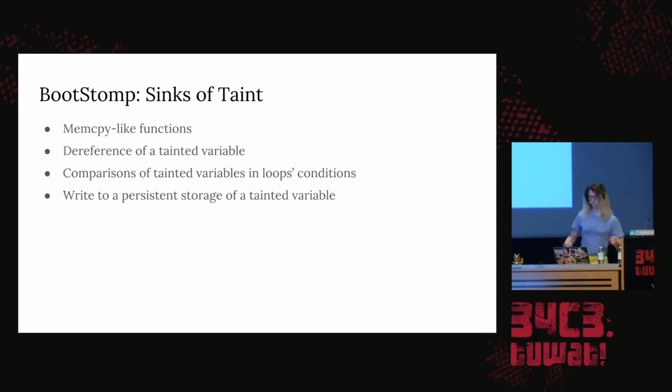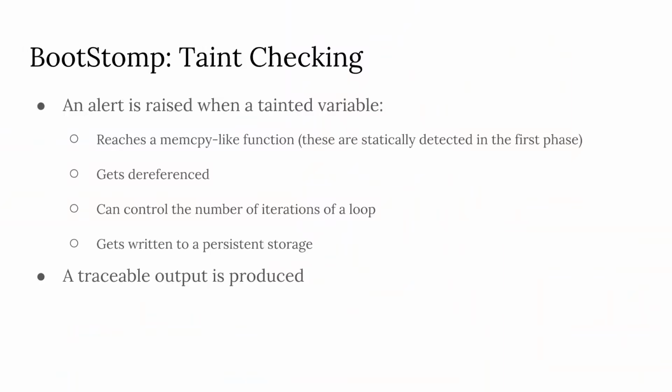We talked about memory corruption, loop conditions, and writes to persistent storage with the unlocking stuff. For taint checking specifically, this is exactly what I just said. And what I was talking about with symbolic predicates and trace analysis means that when you see something, you automatically have the input that will generate that behavior. So the output is inherently traceable.